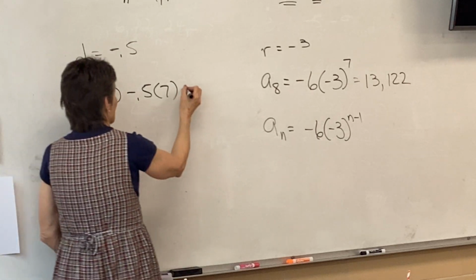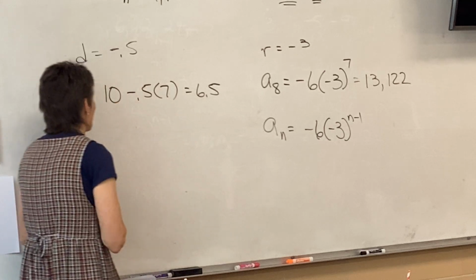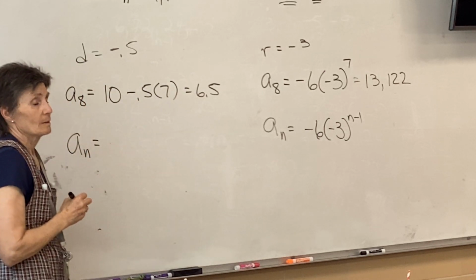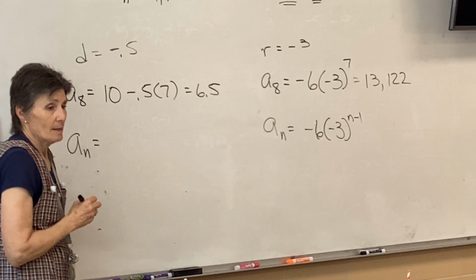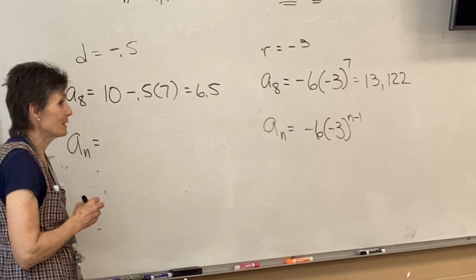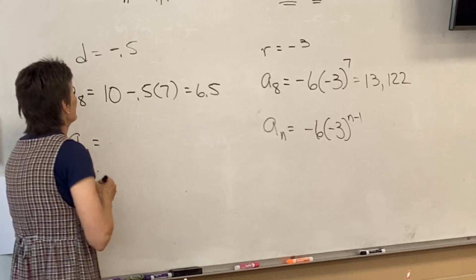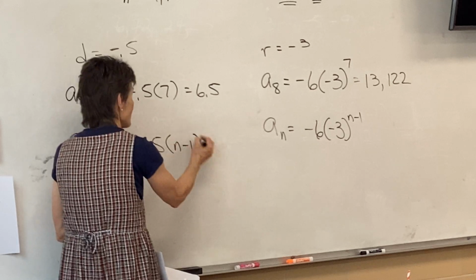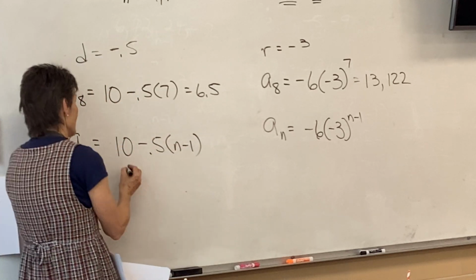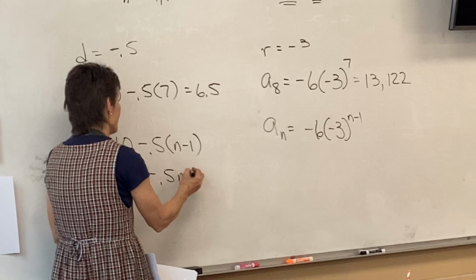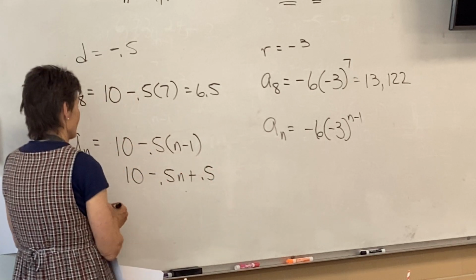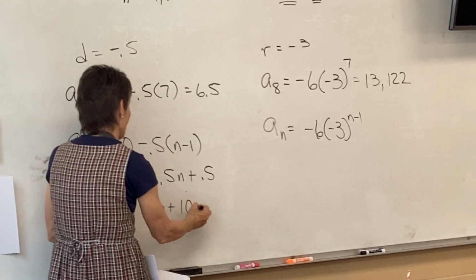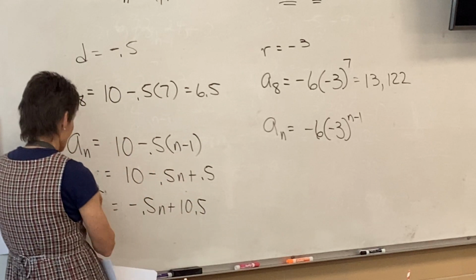So, 6.5. And then my explicit rule is 10 minus 0.5 times n minus 1. Negative 0.5n plus 10.5 is what I got for my explicit rule.